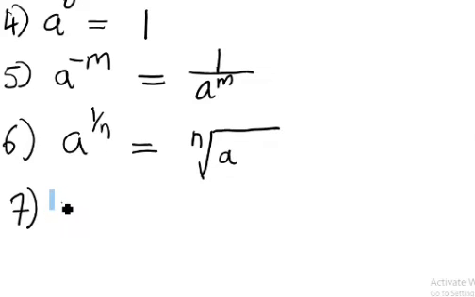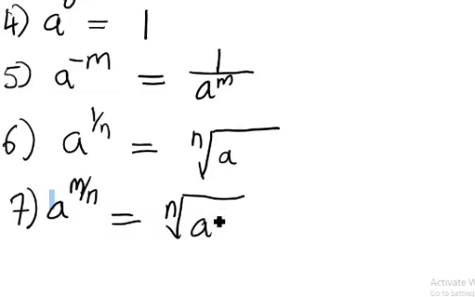Number 7: a raised to power m over n is equal to the nth root of a raised to power m.